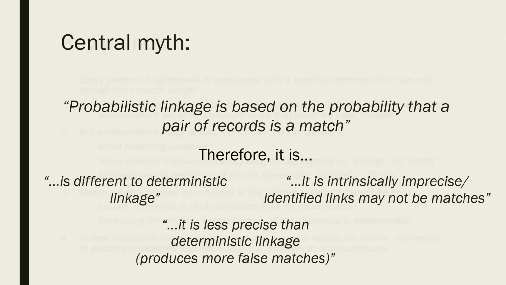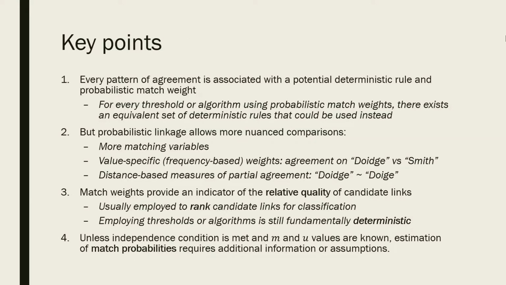The key points that we wanted to take home from this paper was that for every pattern of agreement, there's a potential deterministic rule that could be used and a probabilistic match weight that can be calculated. But there are some things which probabilistic linkage can do that are very difficult to do in deterministic linkage.